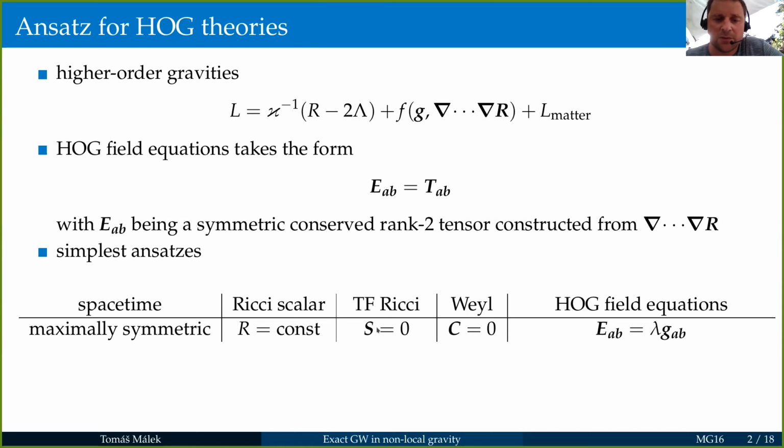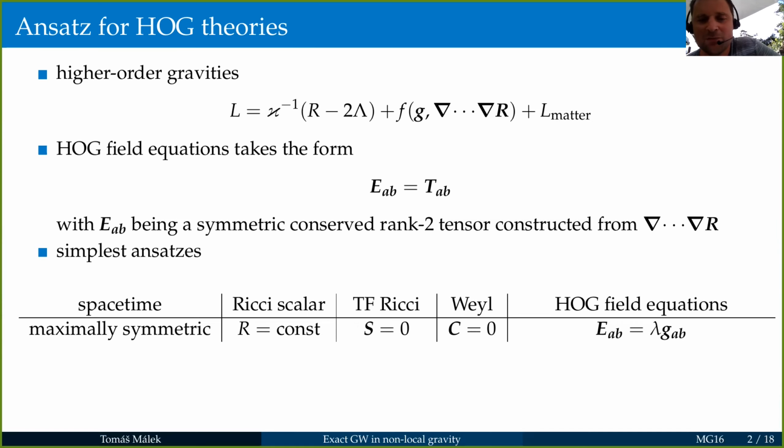Maximally symmetric spacetimes are Einstein spacetimes, so the trace-free Ricci tensor vanishes, and conformally flat, so the Weyl tensor vanishes, and the Ricci scalar is constant. Therefore all the information about the curvature is described by the constant Ricci scalar, and these spacetimes are very trivial.